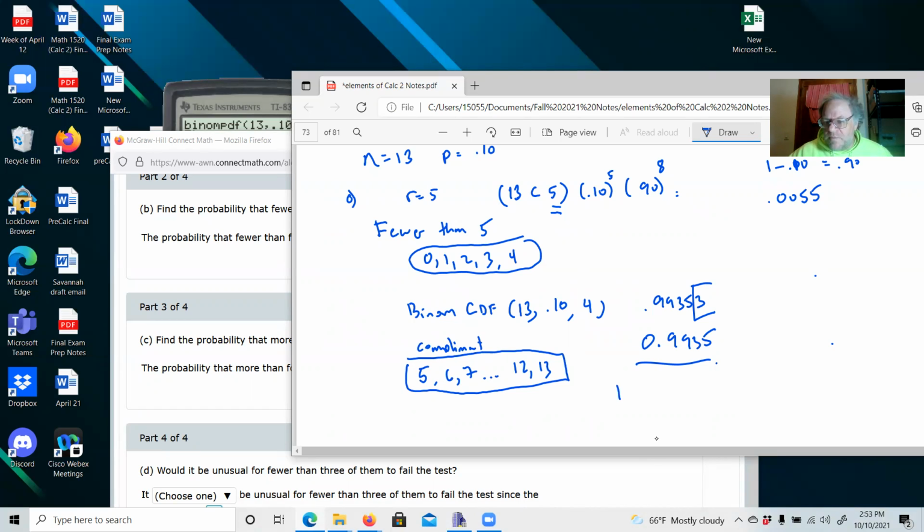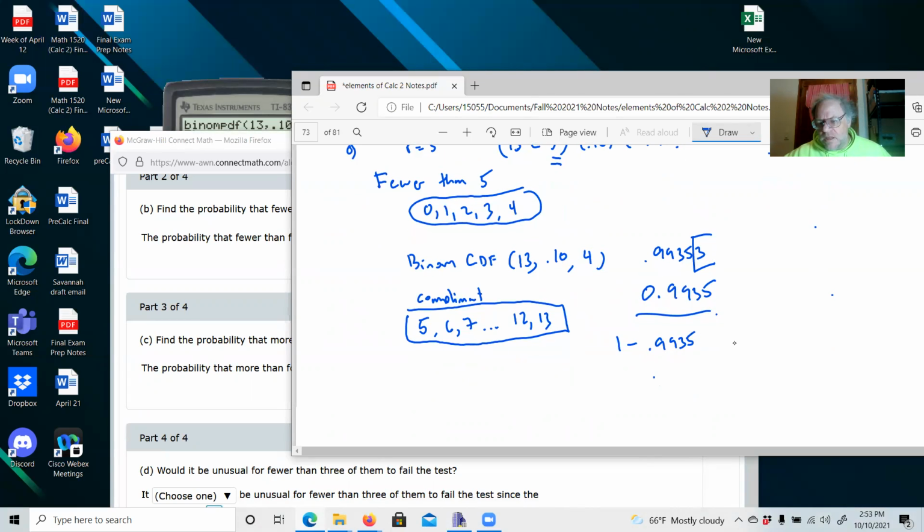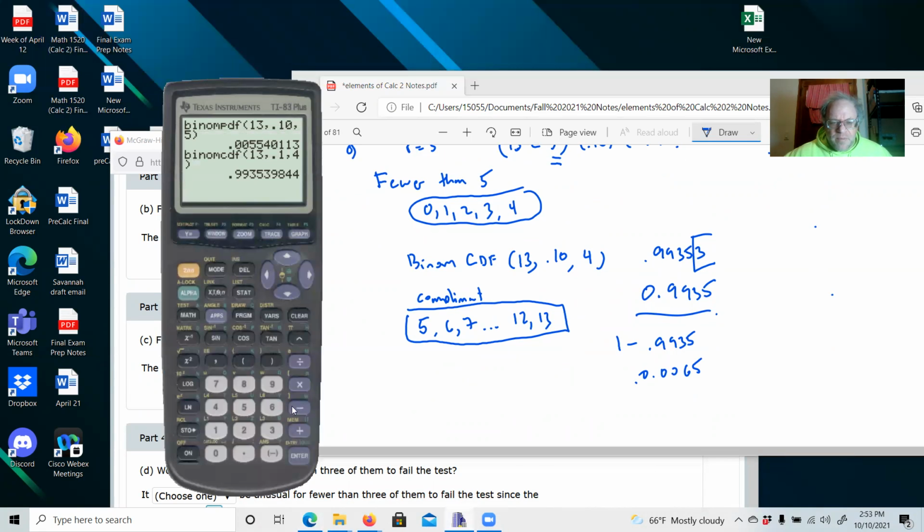So we just want 1 minus 0.9935. We're just going to say 1 minus the previous answer. Right? 0.00646, which is going to round to 0.0065.